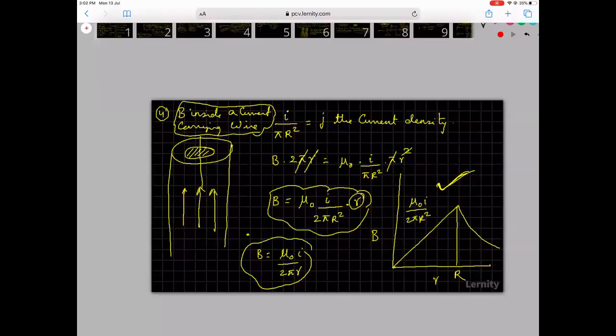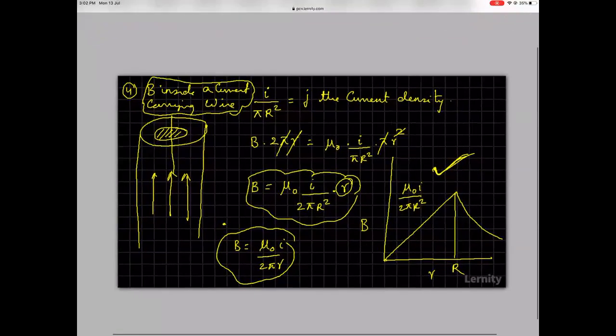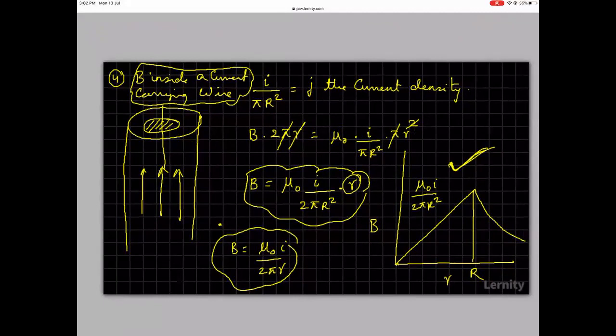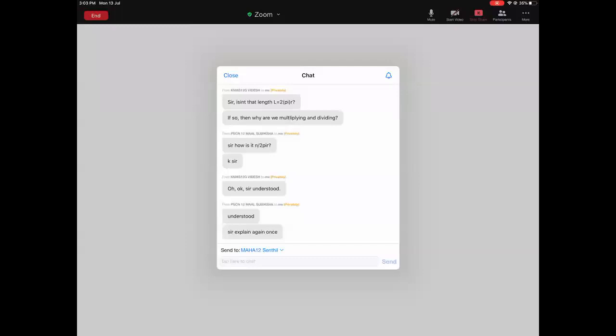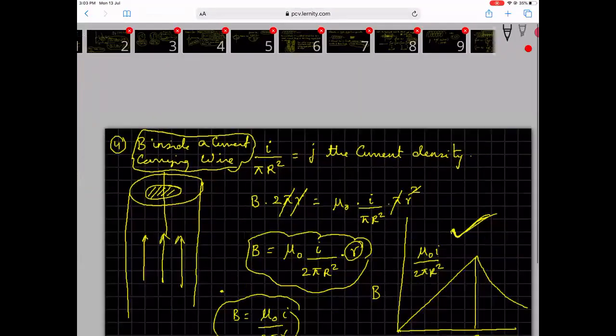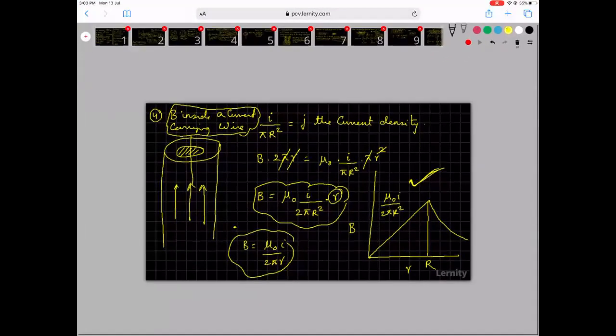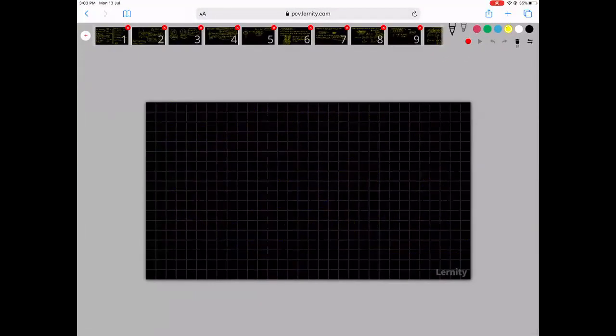Okay, so if you understand this, we are talking about what the magnetic field is inside a wire. So far, we have never looked at that.